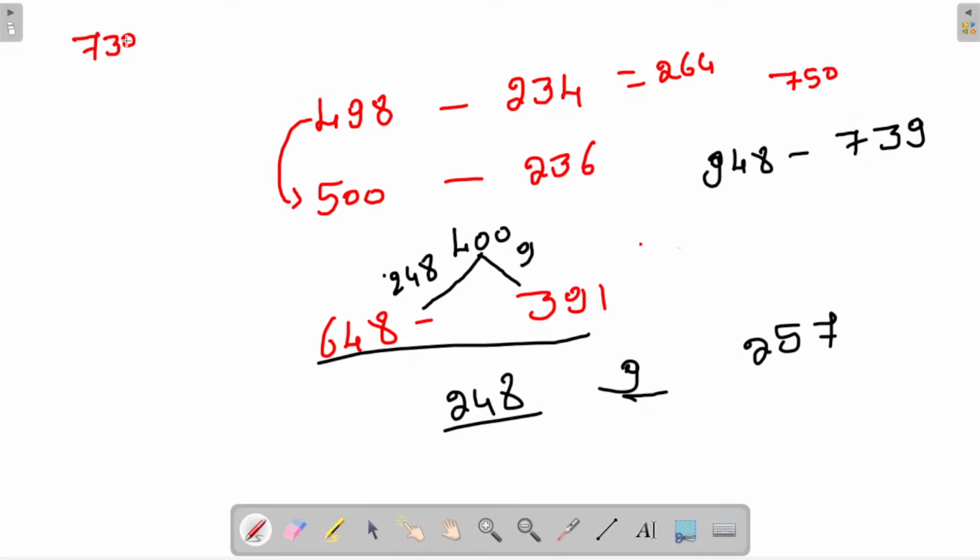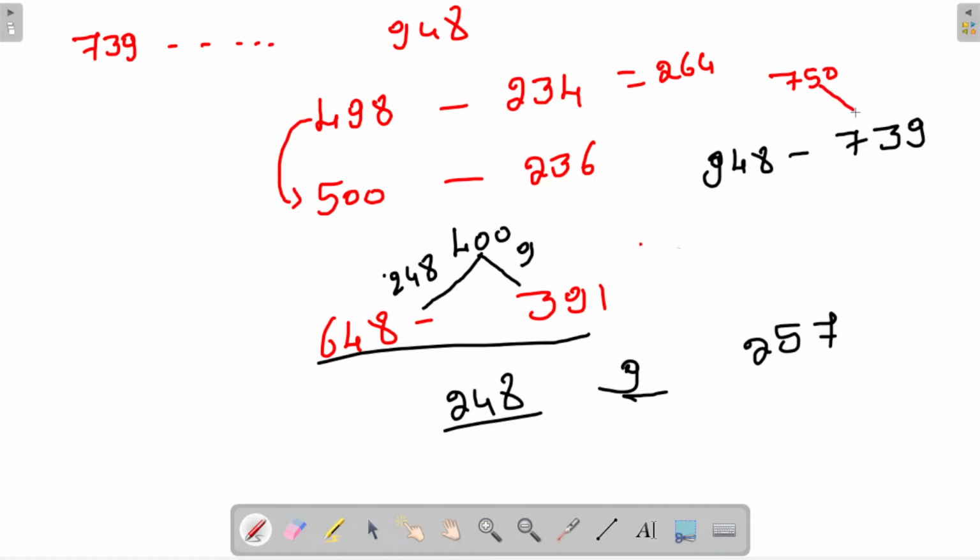From 739 to 948, any number you can assume, but I will always take a small number, the nearest number.